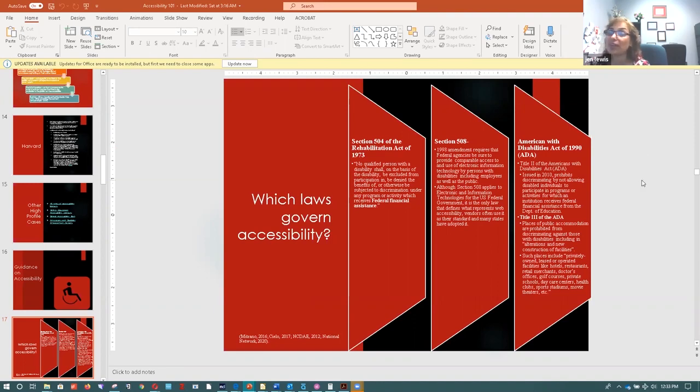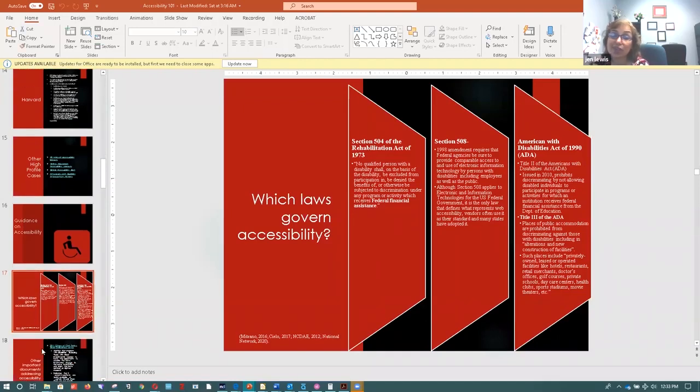But again, the problem with that is it's kind of misaligned with the OCR settlements, because they're moving to, right now they're still the same, but you're going to start to see 2.1 AA here and 2.0 AA in 508. So again, always go to the side of looking at what the Office of Civil Rights is doing, and you'll want to continue to monitor that because that's ever changing.